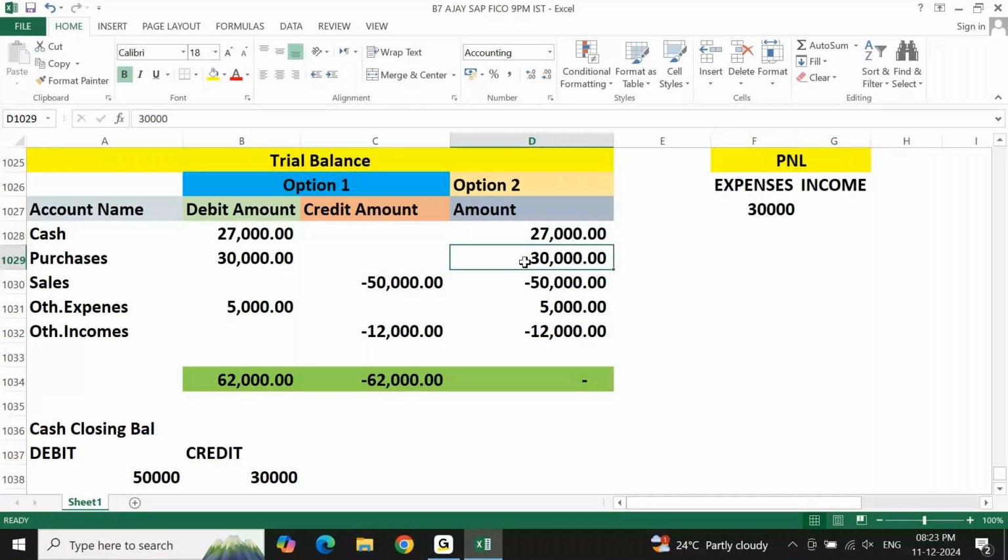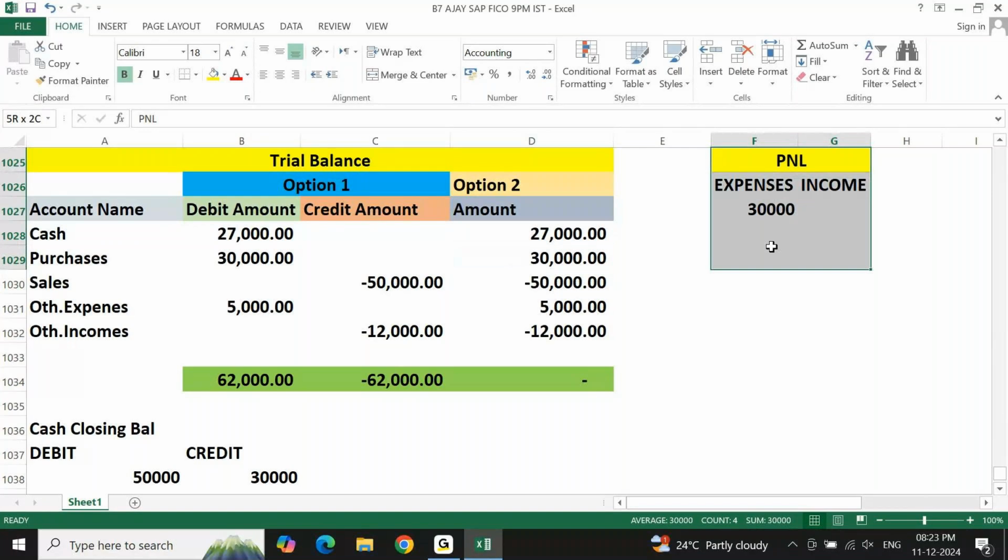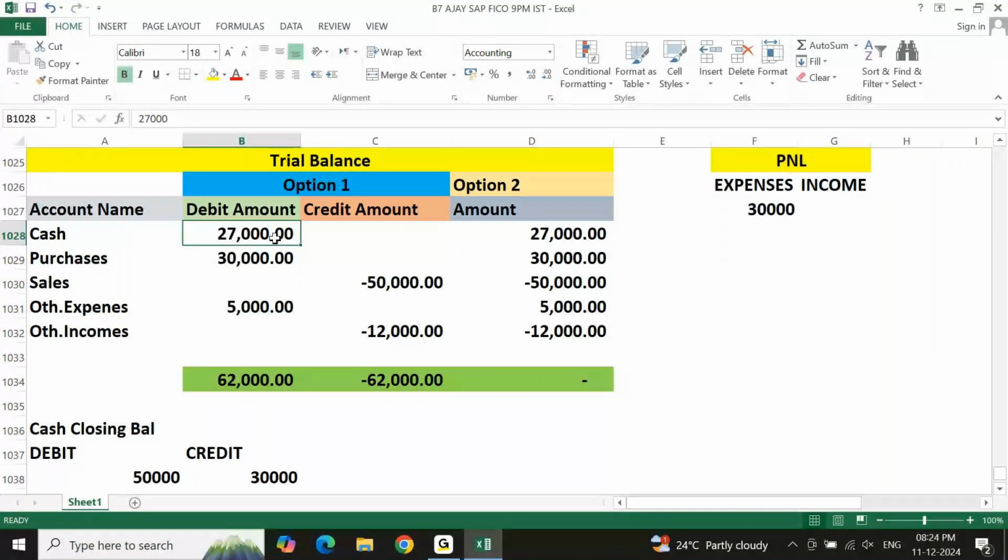If I put the name, I know you will look at only this, but if I miss it, I know you will come to the trial balance to match the number. 30,000. Any other expense in P&L? Other expenses. How much? 5,000. All right. Any income?